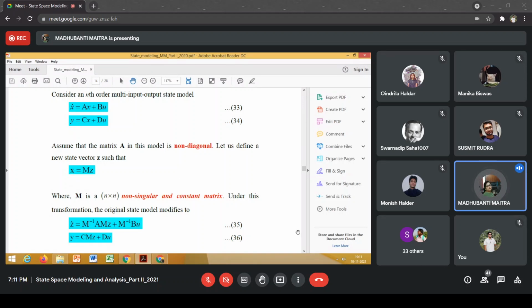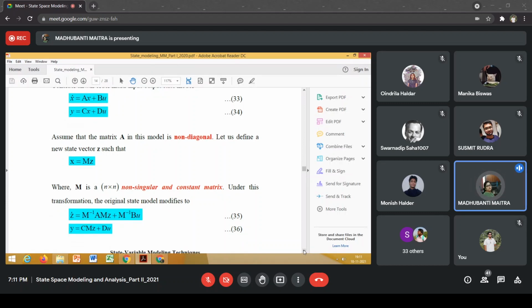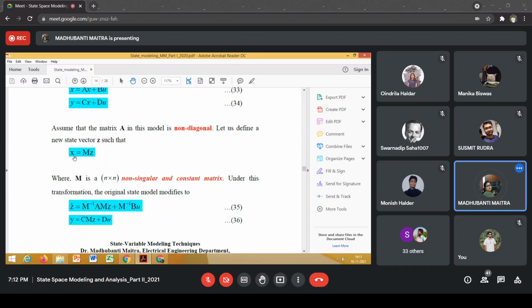Again here, M is a constant non-singular matrix. So M is an n by n non-singular and constant matrix. So under this transformation, we have transformed the initial set of state variables into a different set of state variables denoted by z.